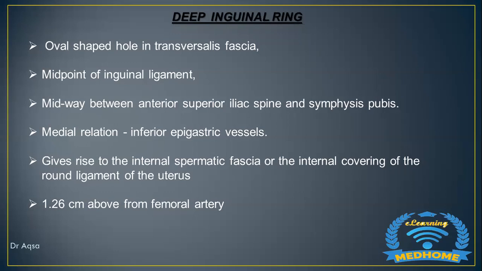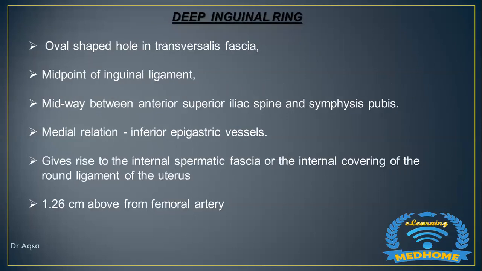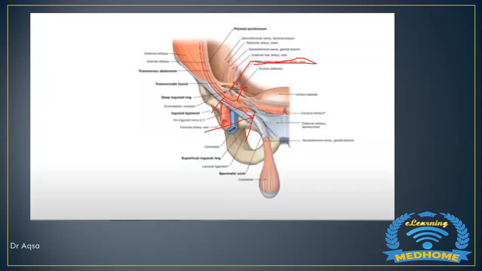The importance of this deep inguinal ring is that in males, it forms the internal spermatic fascia, and in females, it forms the internal covering of the round ligament of uterus. In the medial relationship of the deep inguinal ring are the inferior epigastric vessels, and the ring itself is 1.25 centimeter above the femoral artery.